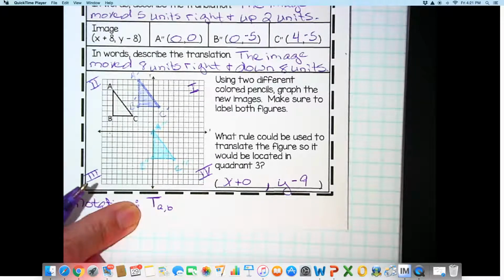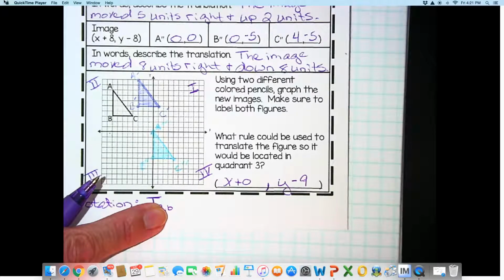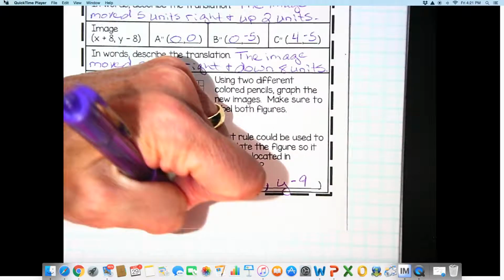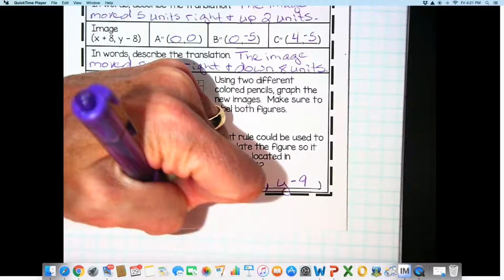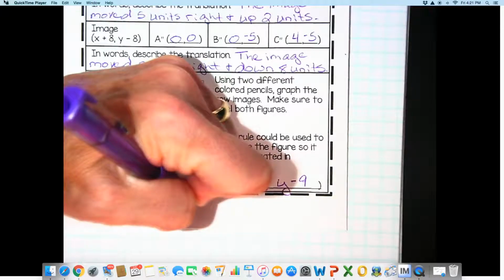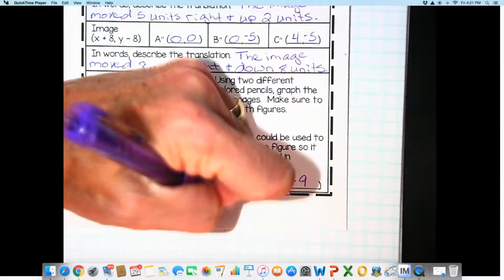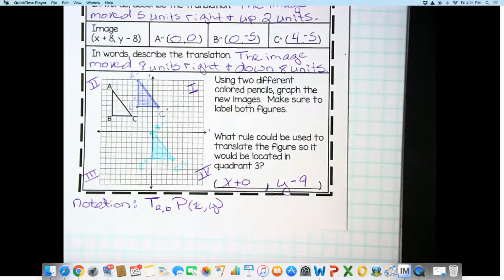So if I say translate 0, -9, my A would be 0, my B would be -9, okay? Now you would see translate AB to point XY, all right? P stands for point, the XY just stands for all the points.